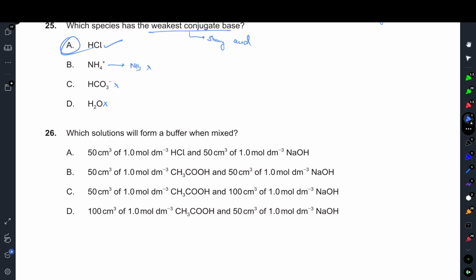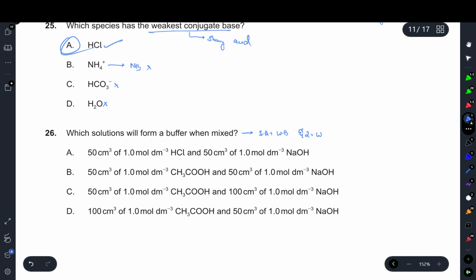Let's look at this. Which two solutions will form a buffer when mixed together? Conditions for a buffer is a strong acid plus a weak base, or vice versa, of course, weak acid and a strong base. And additionally, you need 2 times the whatever is weak in comparison to strong.